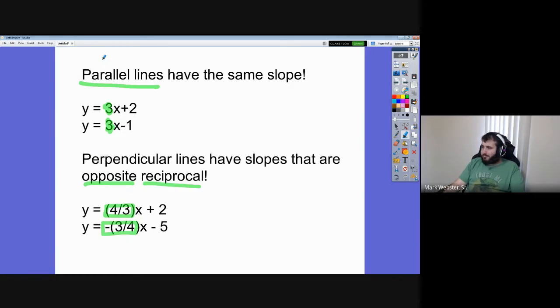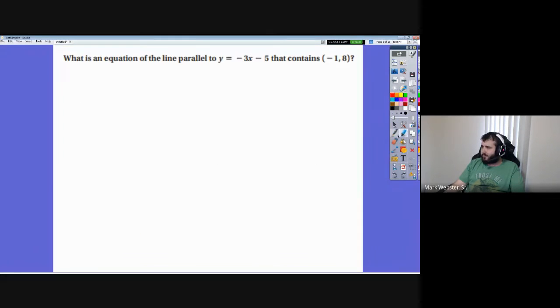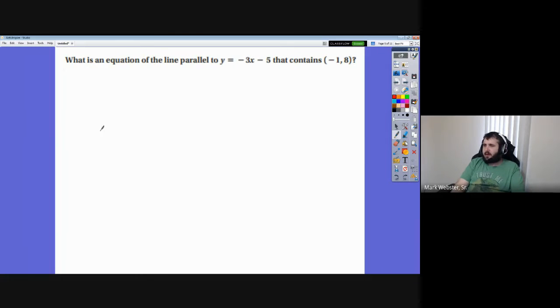All right? So when I want to make a line and I'm given this type of information, let me show you what to do. So you're going through and you say, all right, well, I need to find the equation of the line that happens to be parallel to this one, and it has this point on the line.